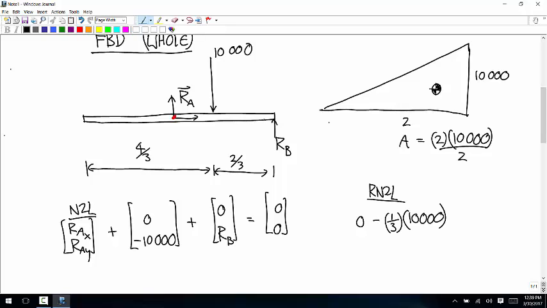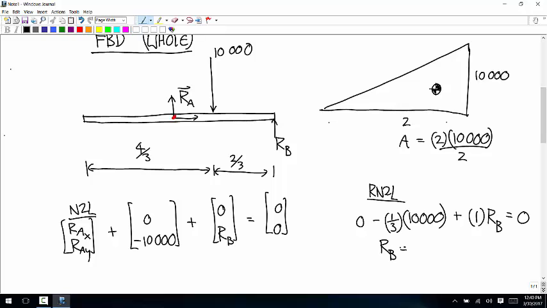And then what's the moment arm for RB? 1. Our about point is the middle. So moment arm of 1, the force is RB. And would that make it rotate clockwise or counterclockwise? Counter, so that's plus. All that adds up to 0.